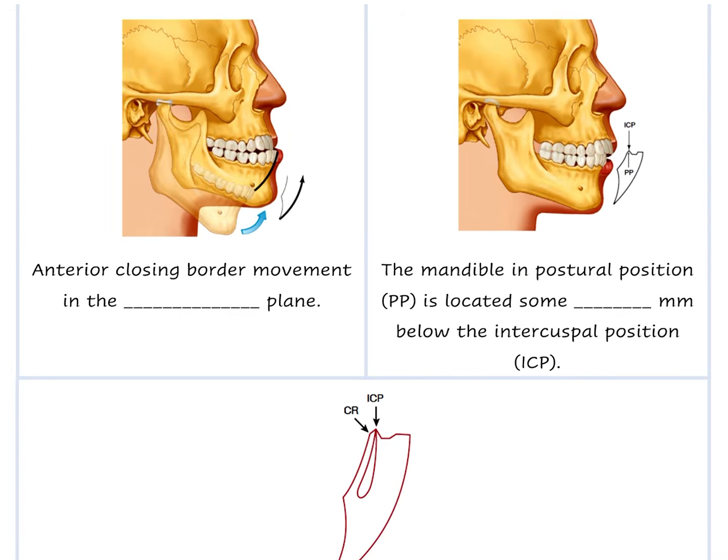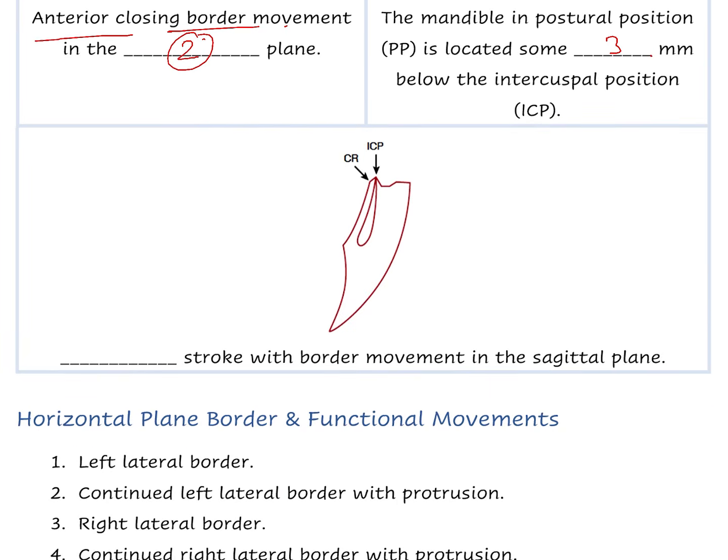Right? So this again, anterior closing border is number 2, and this is what we already discussed, number 3, and this is your number 4. So that is your chewing stroke or functional border movement in the sagittal plane.